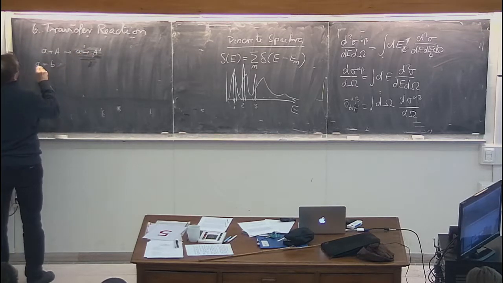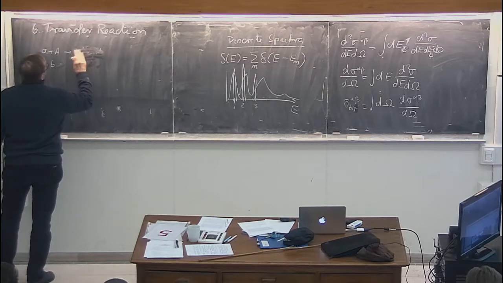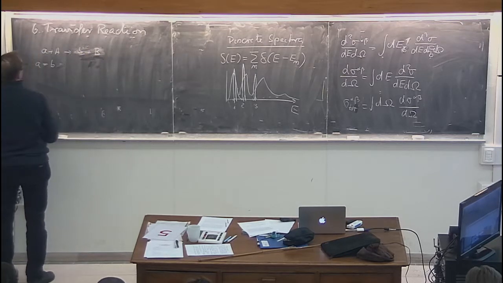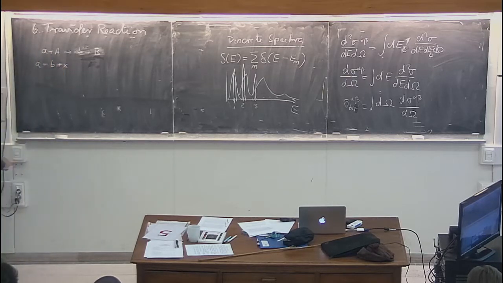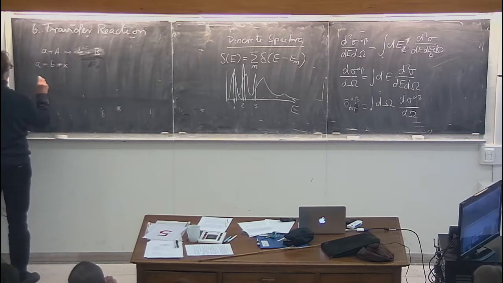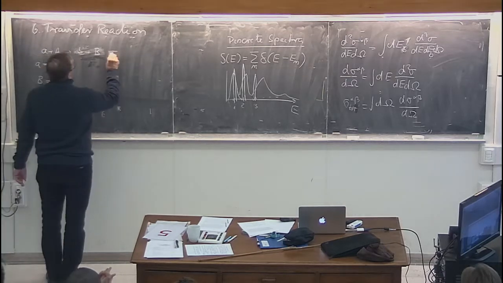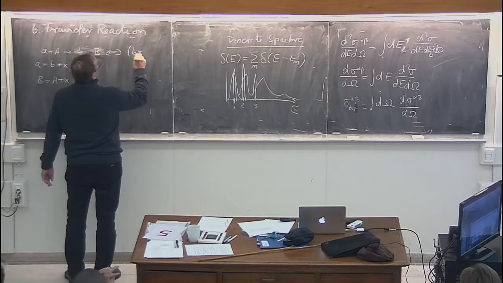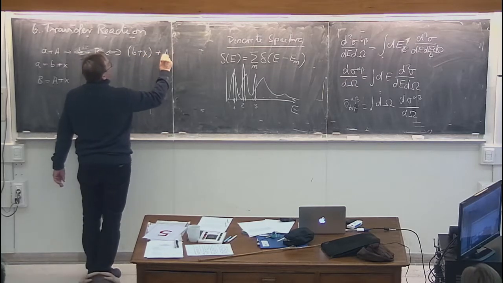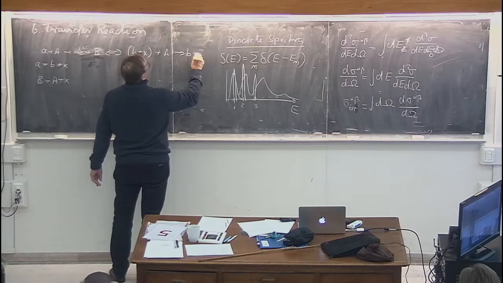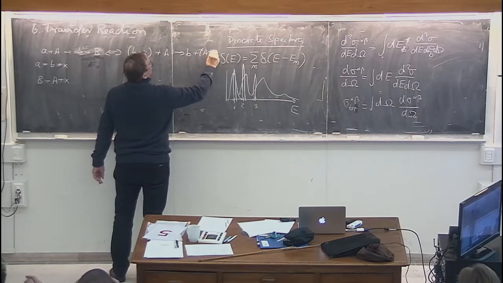So now we assume that A has a substructure, namely is given by a core nucleus B and a particle X, and B is given by the initial nucleus A plus X. So that means if I'm looking in more resolved detail to this reaction, then I'm describing a process which is of this structure.